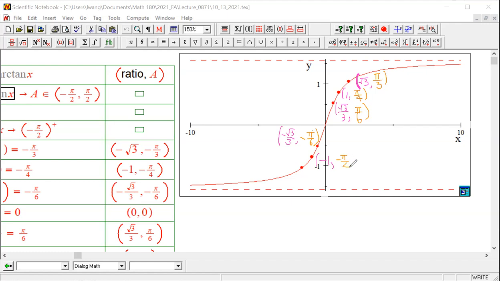Okay, the next one right here. Purple, which is negative √3, and the orange color is negative pi over 3.